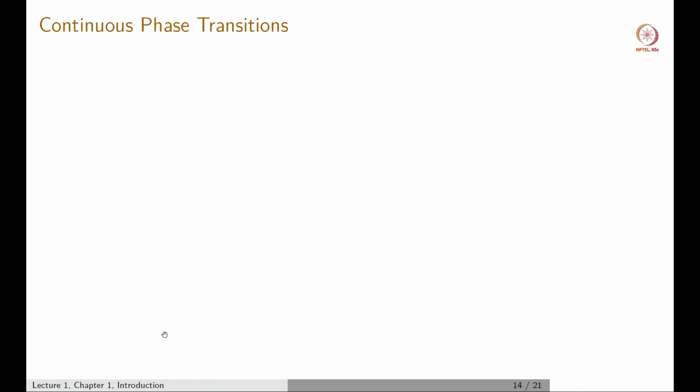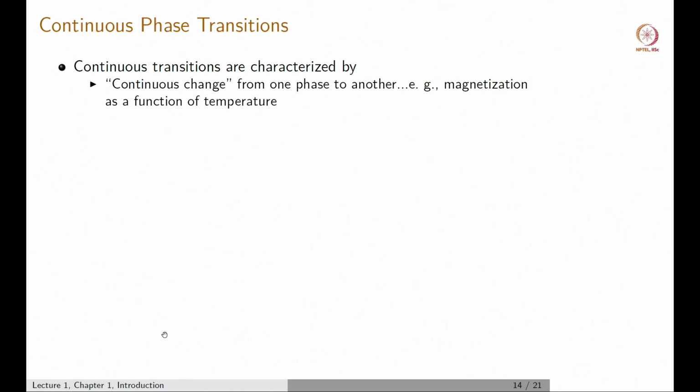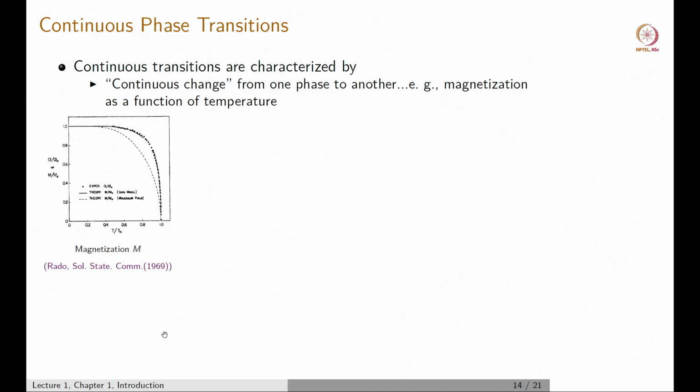So what are continuous phase transitions? Continuous phase transitions are characterized by a continuous change from one phase to the other. For example, we saw the magnetization. The magnetization was 0 above Tc, at Tc it's also 0, and then it starts to gradually increase.